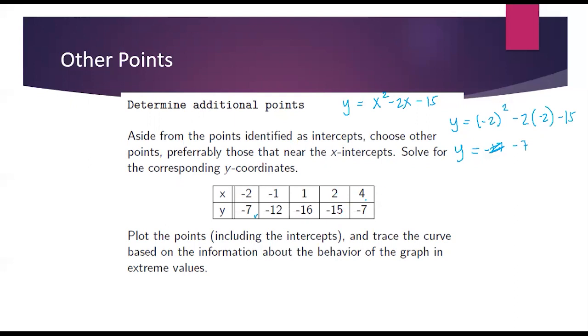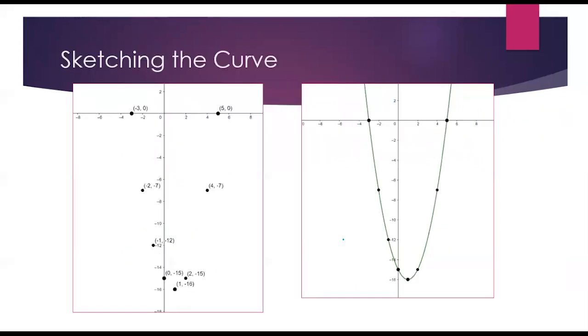If x is equal to 4, then you have negative 7. We're going to plot these additional points so we can trace our curve. You plot the points, including the intercepts, and then trace the curve based on the information about the behavior of the graph in extreme values. So let's try this one.